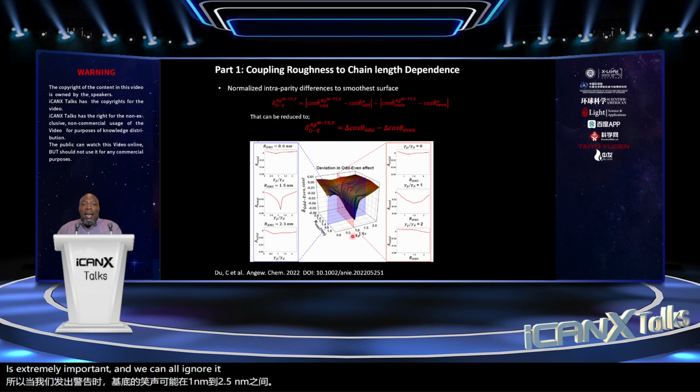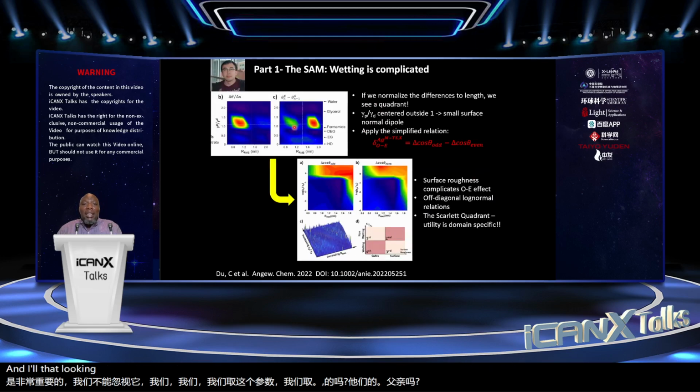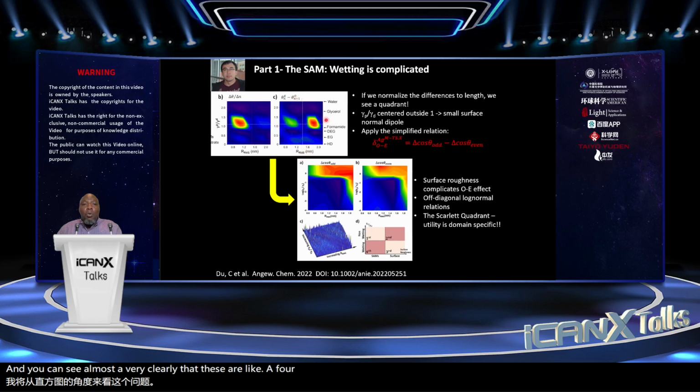And we take this parameter and we take it one step further, and I'll start looking at this in terms of a histogram, and you can see almost very clearly that there's like a 4-quadrant type of behavior, and we call this the Scarlet quadrant, based on the postdoc who developed it in my lab.